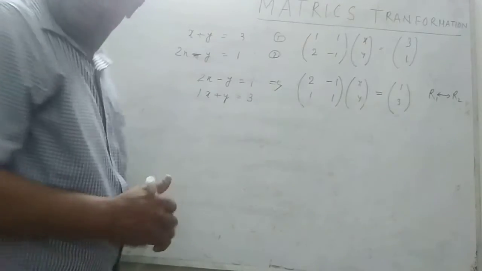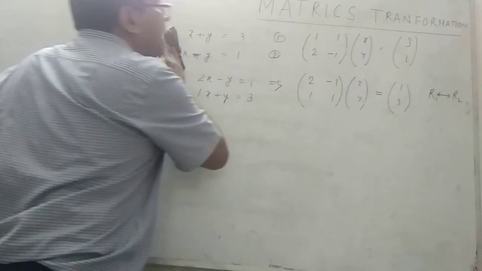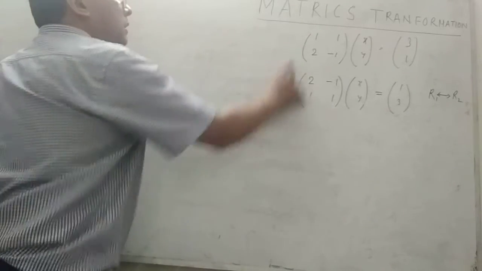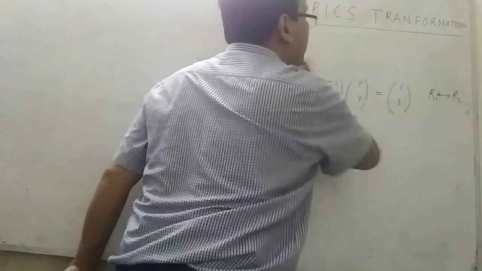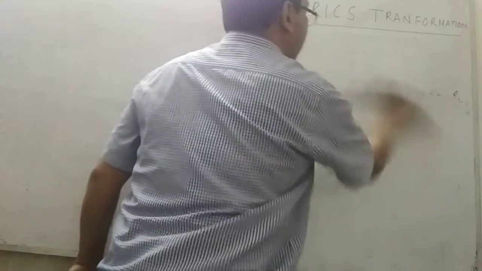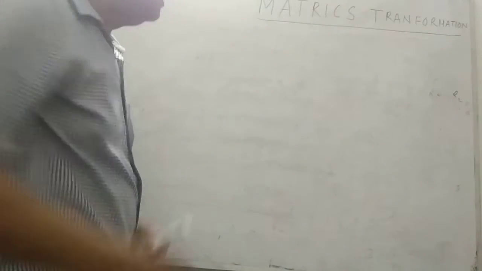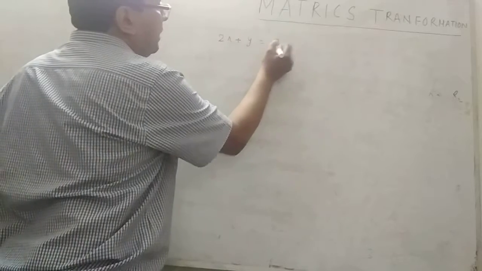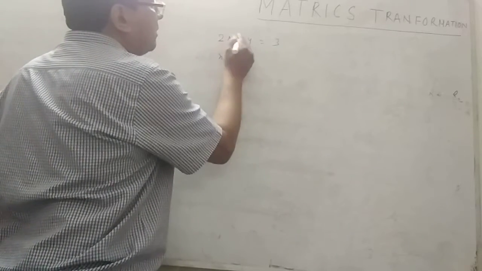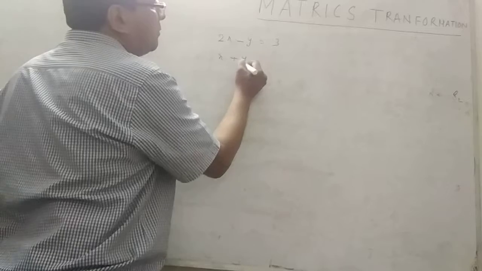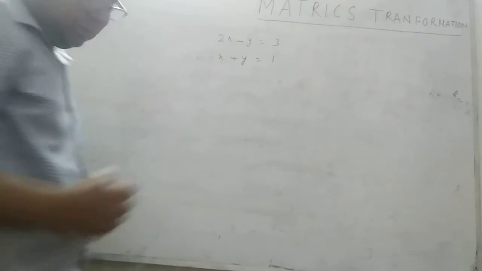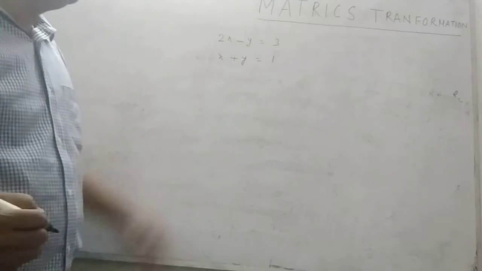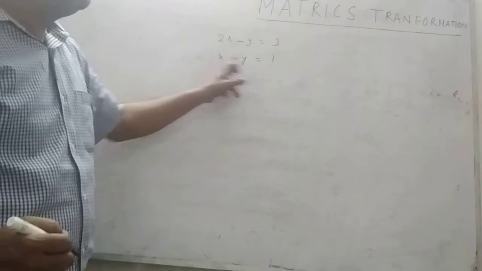Suppose, let us write these equations: 2x plus y is equal to 3, and 2x minus y, suppose, is equal to 3, and x plus y is equal to 1. Now, if I want, I can multiply these equations.